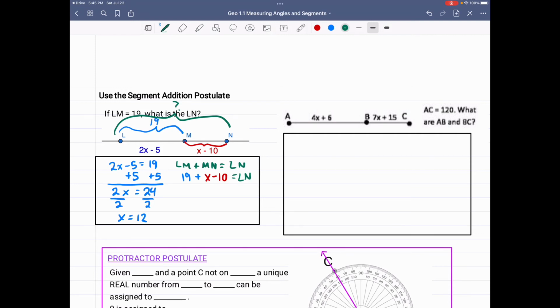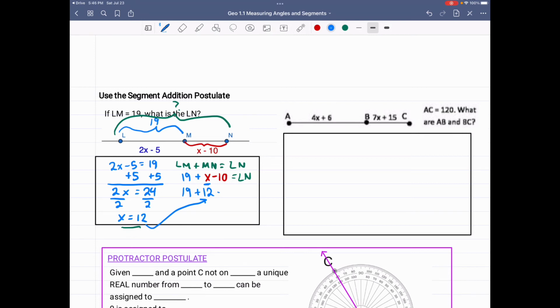Okay, we know what x is because we figured that out back on this side. So we are going to plug in x as 12. Plugged that in right here because we have x right here.